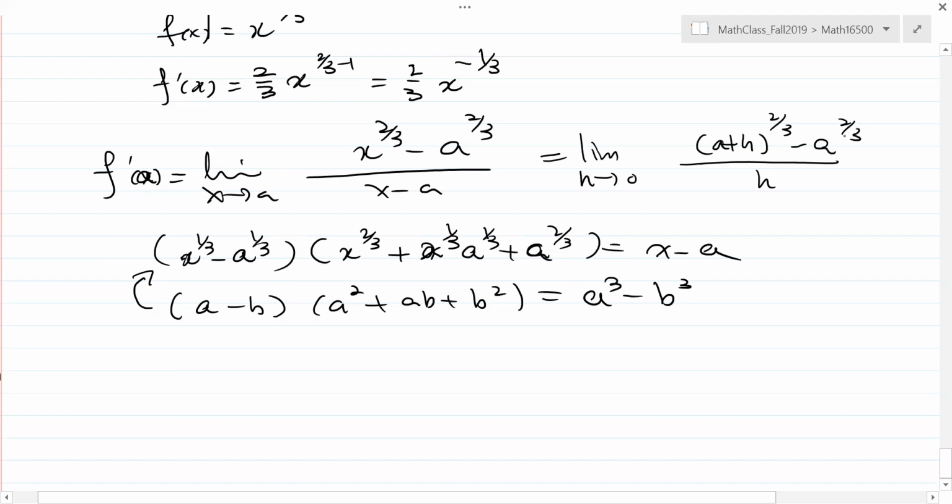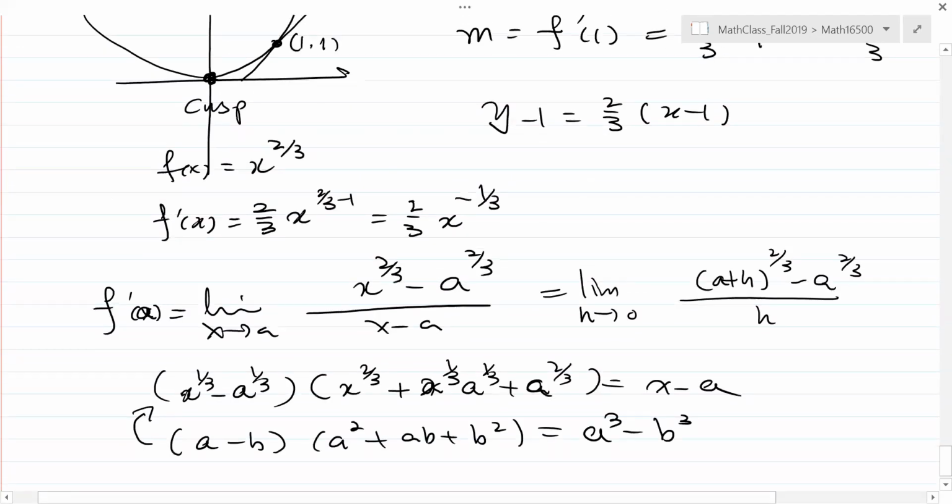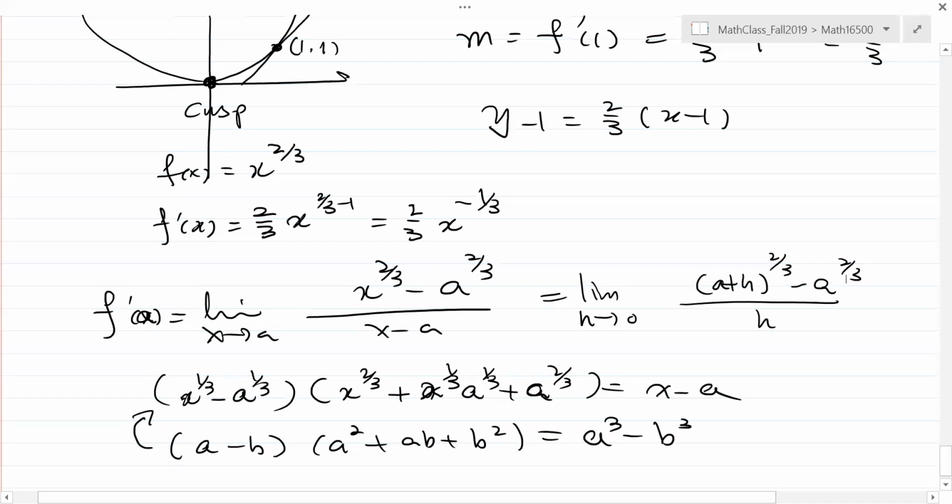Still, you're facing the same problem. Even if you plug in a equals 1, it does not help; you cannot simplify, you cannot get rid of h easily. So I think this example tells you that without using the formulas we figure out in general, it's harder to find a derivative using the limit definition.